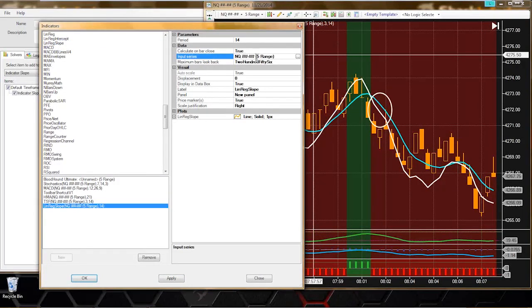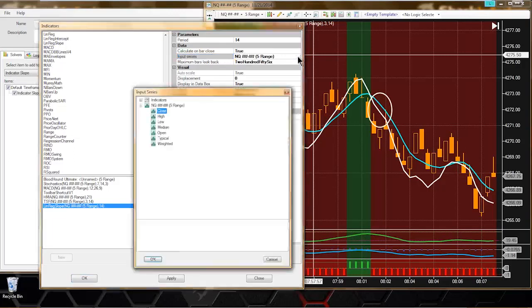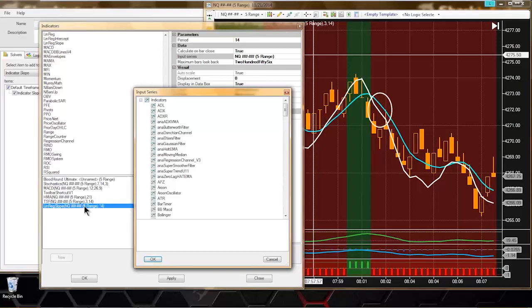What we're going to do is feed the HMA into this indicator. So we're going to use the linear regression slope to visually see what the slope angle is of the HMA that's on the chart now.